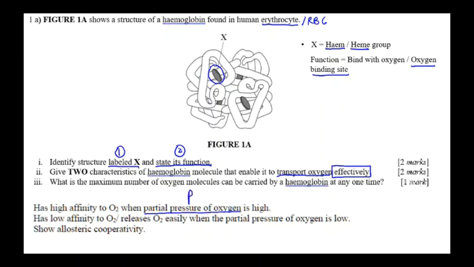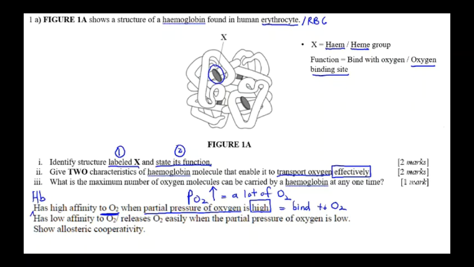When the partial pressure of oxygen is high, which means we have a lot of oxygen, then the hemoglobin will have high affinity to the oxygen, which means it will bind easily to oxygen.